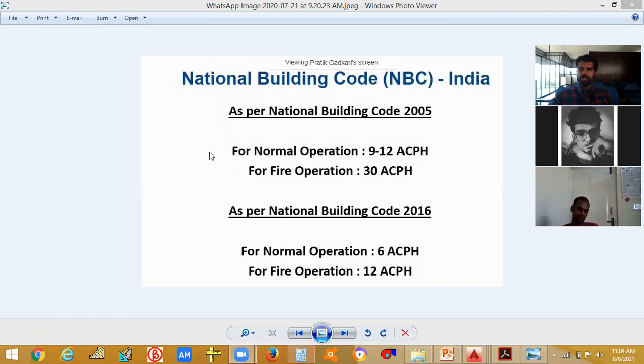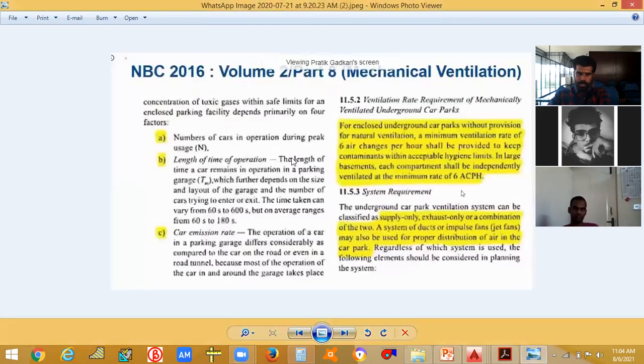Now we can discuss something more. Ventilation rate requirement for mechanically ventilated underground car parks, this is what the NBC says. Let's read it. For enclosed underground car parks without provision of natural ventilation, a minimum ventilation rate of 6 air changes per hour shall be provided to keep contaminants within acceptable hygiene limits.